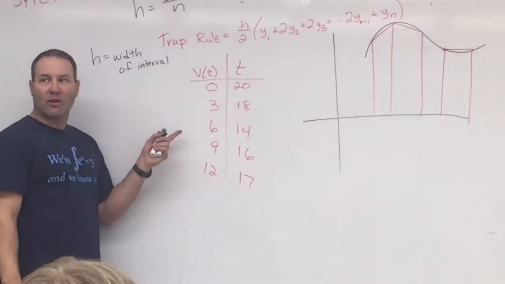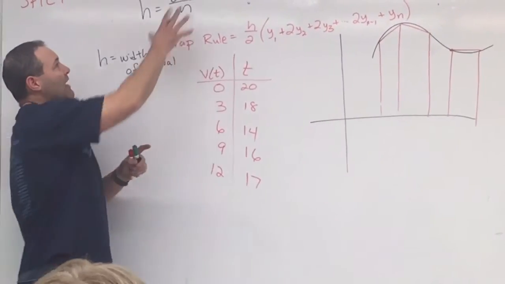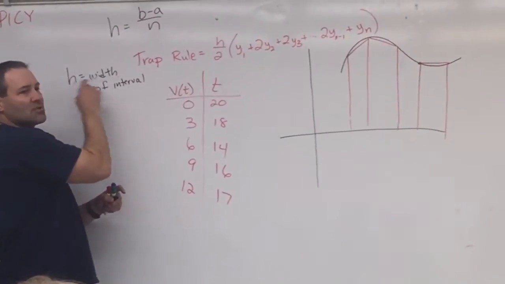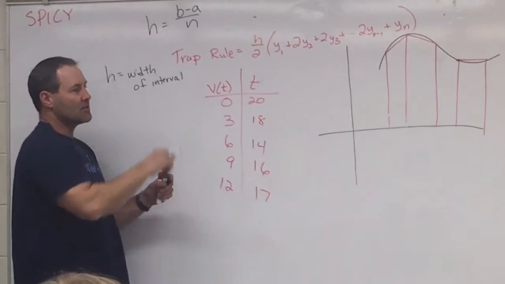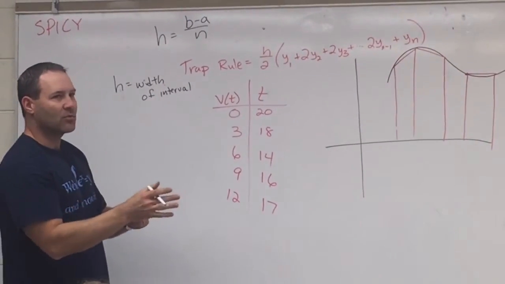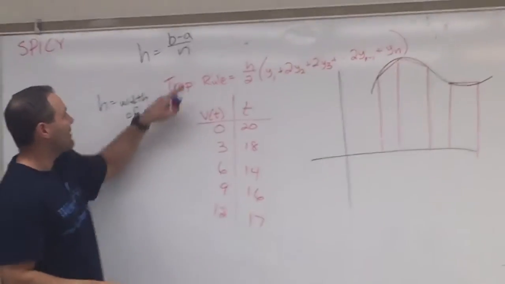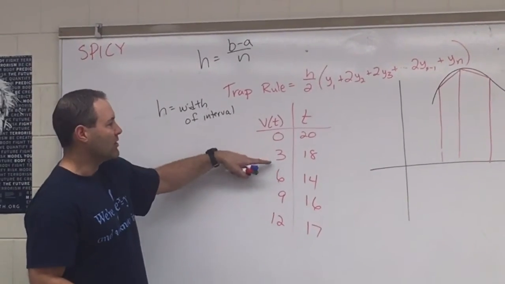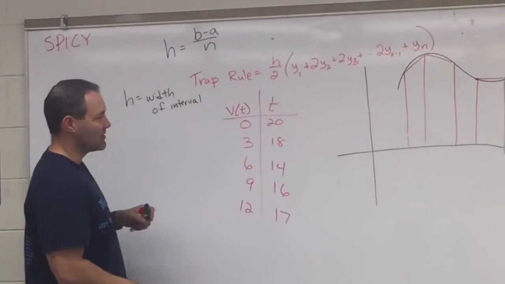What is h here? 3? What are we going up by? We're going up by 3. We do not need this formula here. Just remember, h is what you're going up by. Now, if it was an equation and we had to use the trapezoidal rule, we'd have to figure out what h is. But if it's just data like this, we know our h is 3.